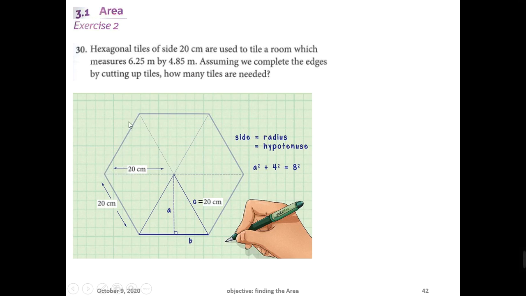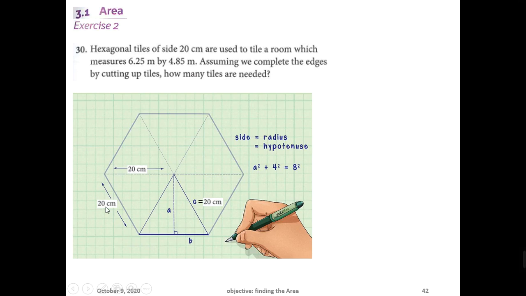So this outside line is a side of a triangle, and this is a side of a triangle and another side of a triangle. So the hexagon is made of triangles inside this total hexagonal shape.